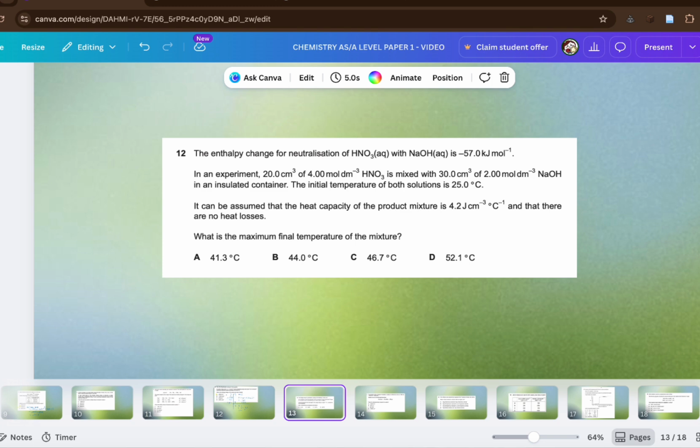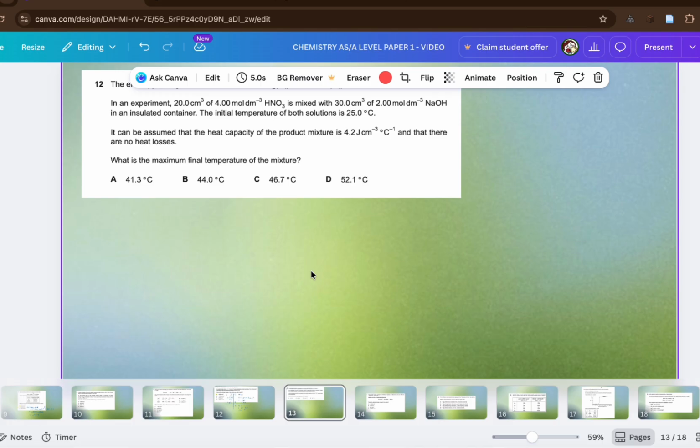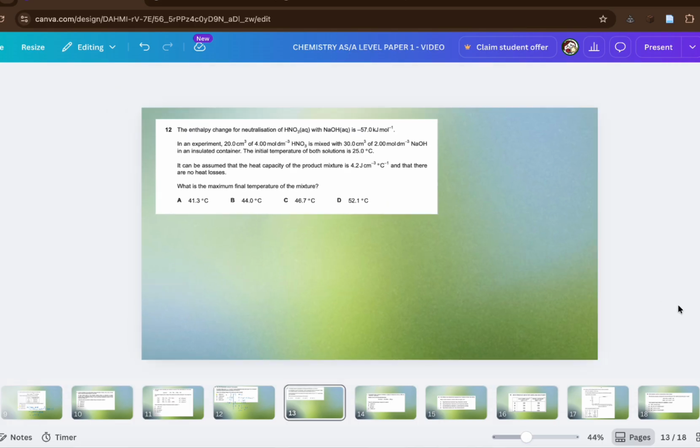Solve this equation. First, let's just move the question to the top left. We will have to write out the reaction here. Okay, so let's write HNO3 plus sodium hydroxide, which results in NaNO3 plus water.